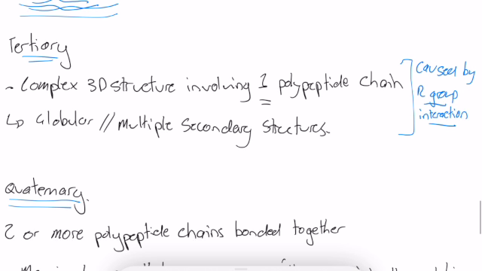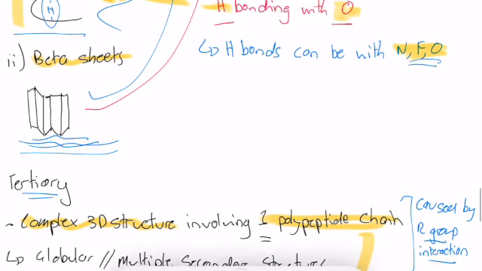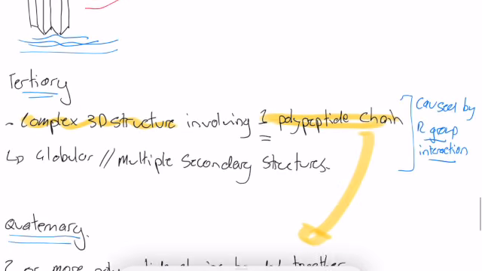Next up, we have our tertiary structures, which are a lot more complex. They are complex 3D structures involving that one polypeptide chain. Now, that's an important point to note before moving on to quaternary structures, but there is one type of polypeptide chain in there. And we know tertiary structures are effectively a combination of these foldings from your secondary structures.